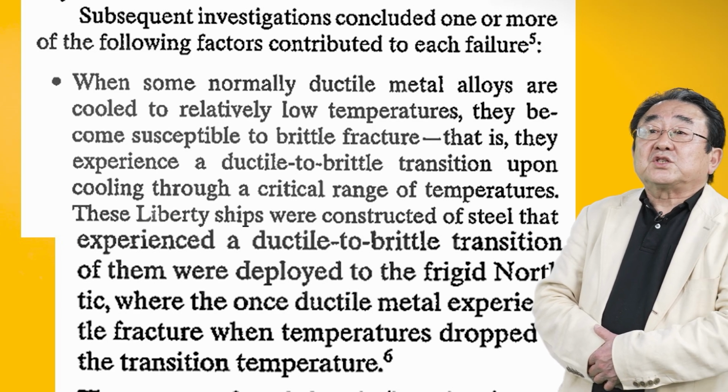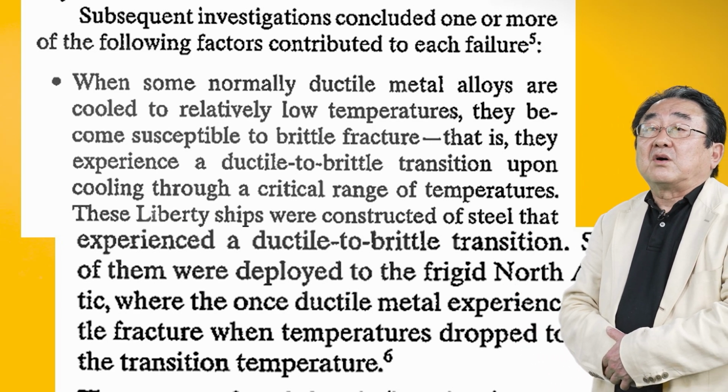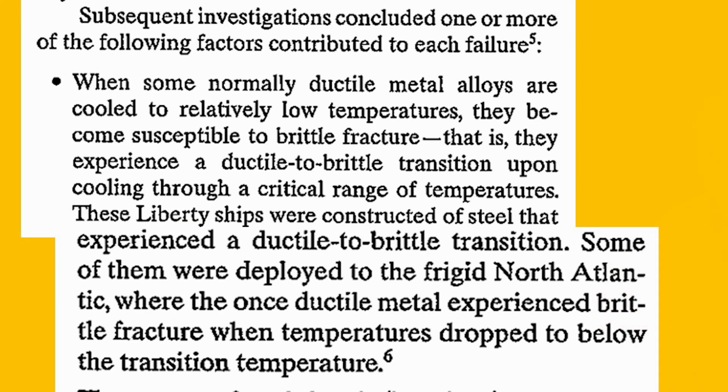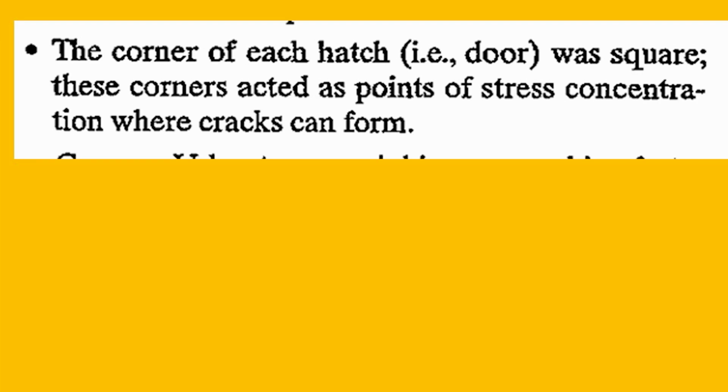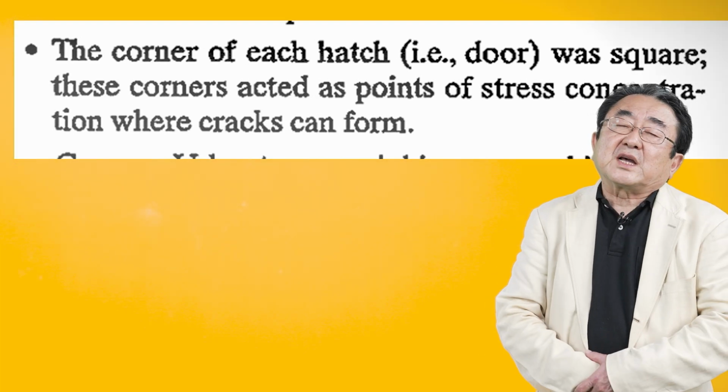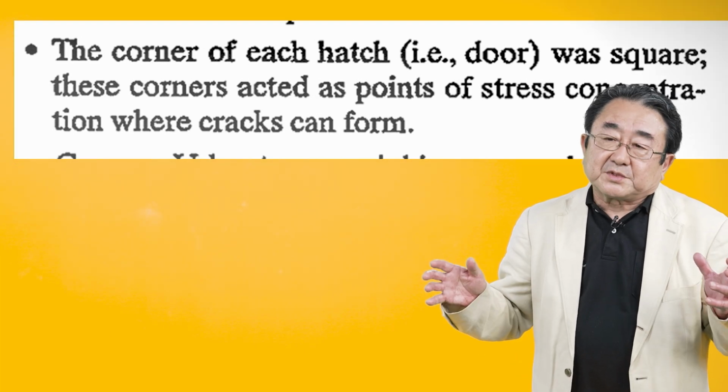These Liberty ships were constructed of steel that experienced a ductile to brittle transition. Some of them were deployed to the North Atlantic. Ductile metal experienced brittle fracture when temperature dropped below the transition temperature. Next is the design of the ships.